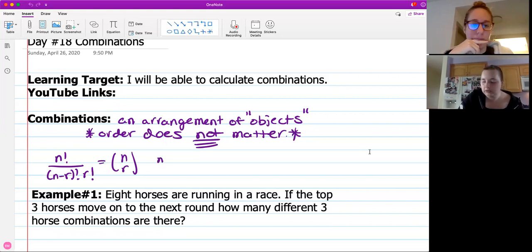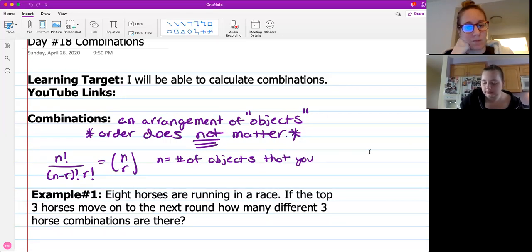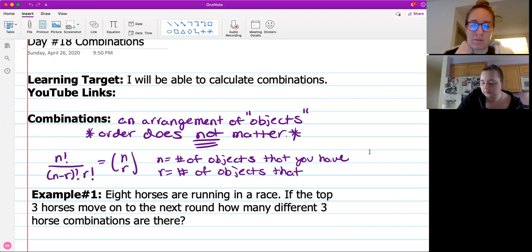So n equals the number of objects that you have and r equals the number of objects that you are selecting.